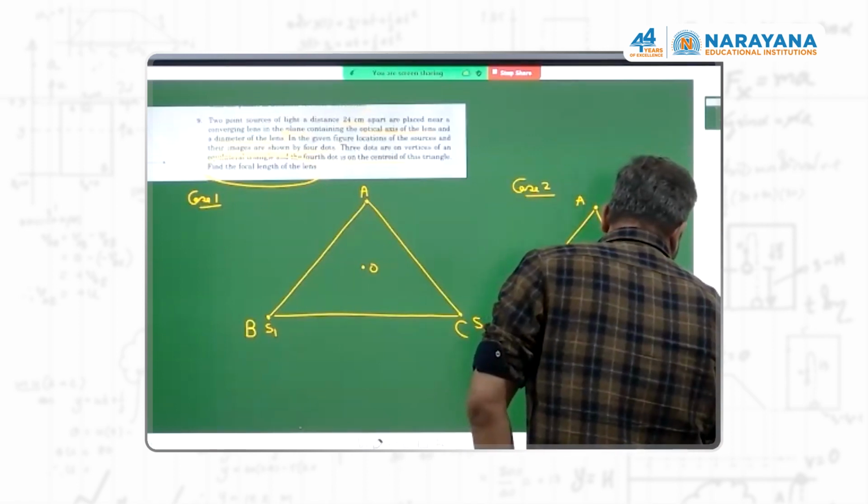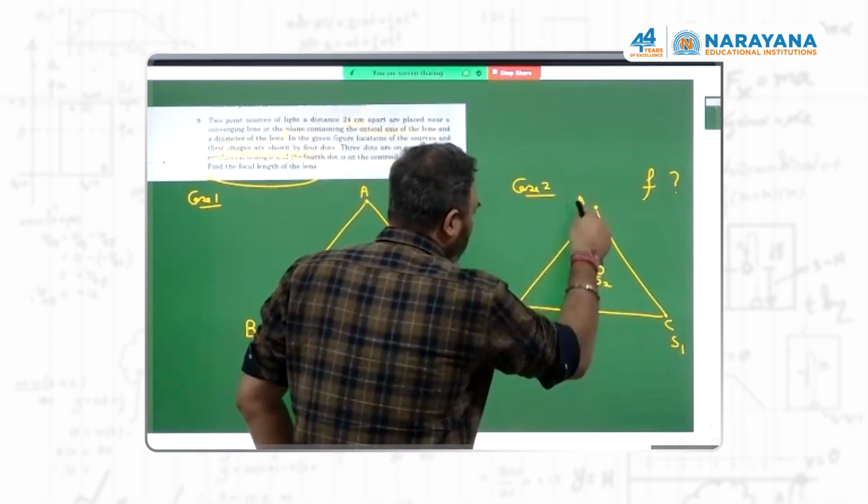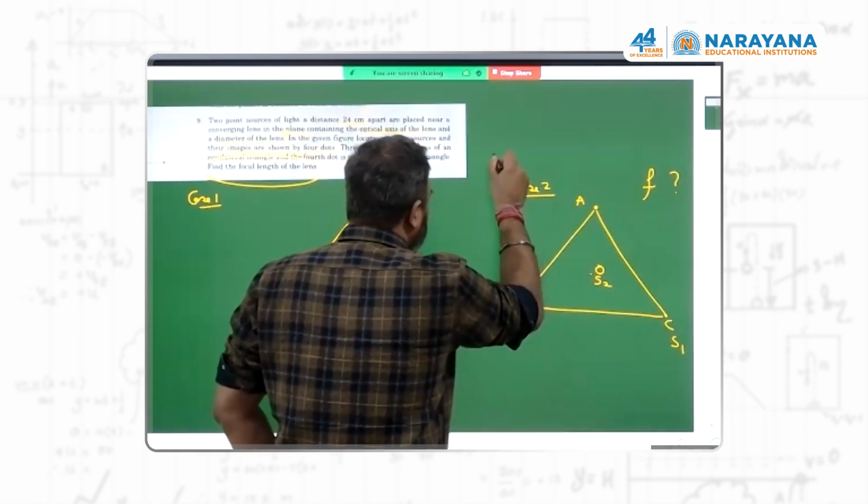Maybe this is source 1, S1, and the second possibility is here, S2. Now we have to think that one of them will be the image, like I1, I2 or I2, I1, anything can be written. So this is my case 2.